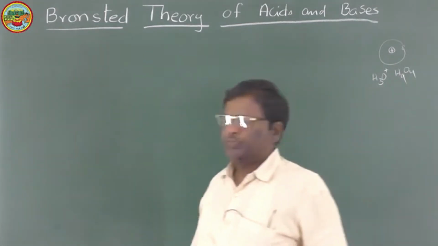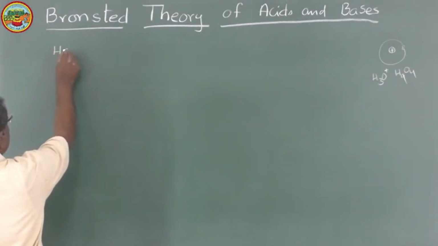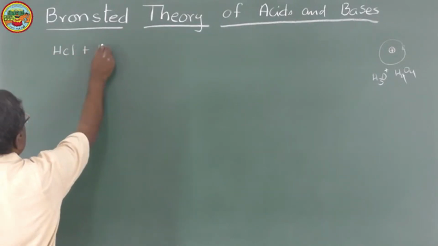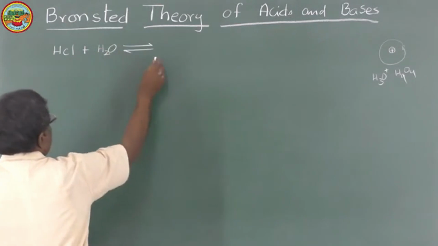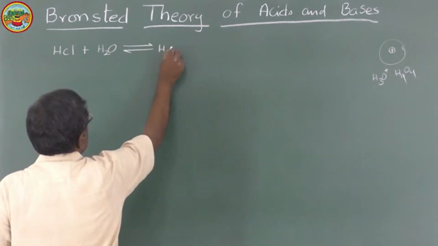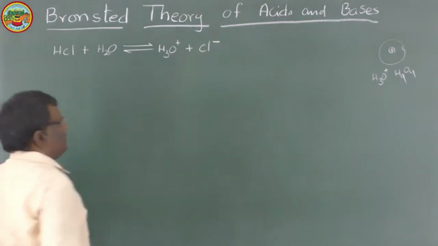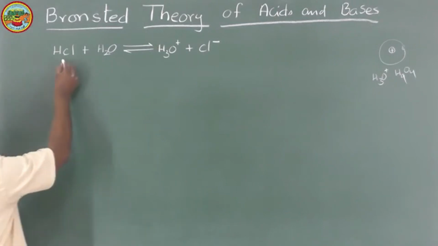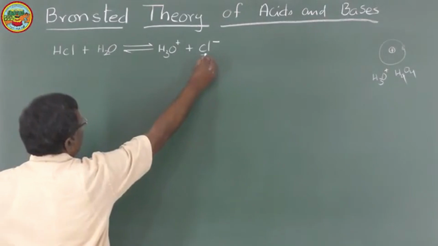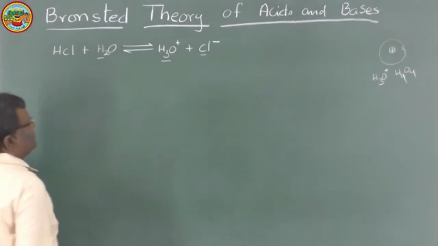For example, if HCl is reacting with H2O, it gives us H3O plus Cl minus. Here HCl is converting into Cl minus, and H2O is converting into H3O plus.